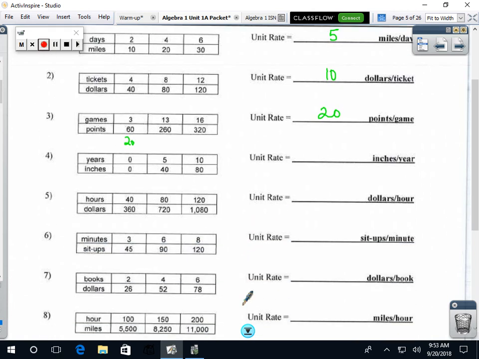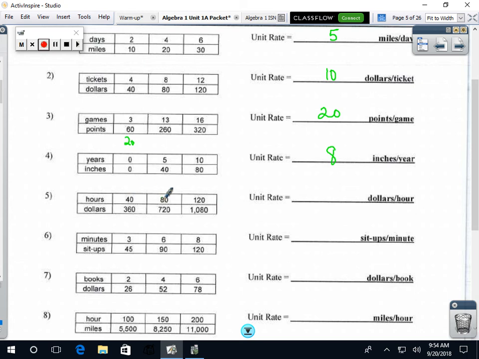All right, number 4. The X's are jumping by what interval? 5s, and the Y's are jumping by 40. So 40 divided by 5 is 8, so 8 inches per year. Okay, number 5.